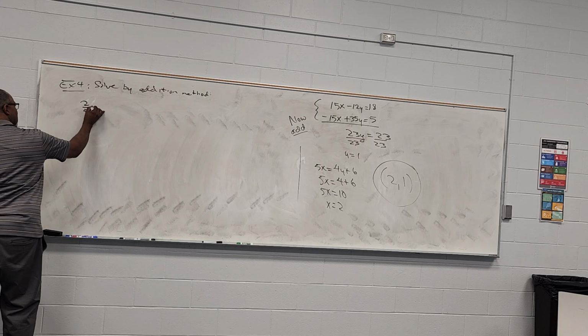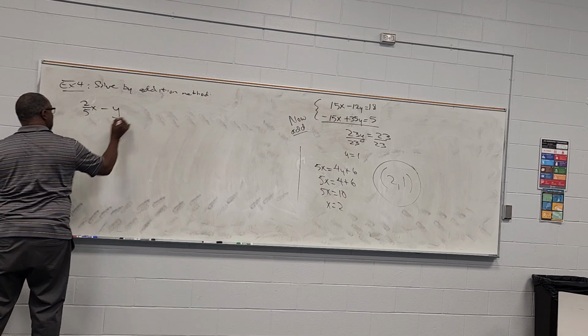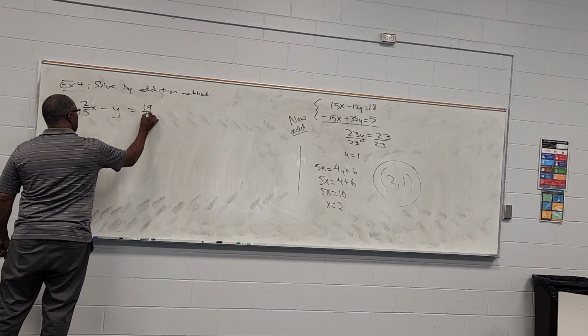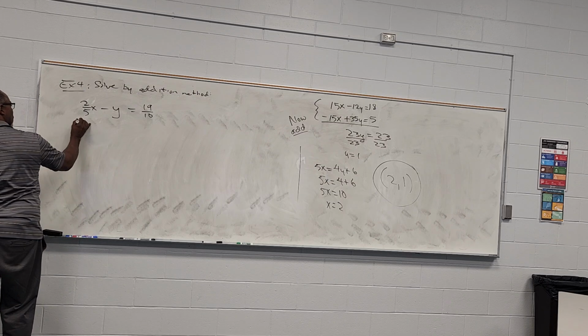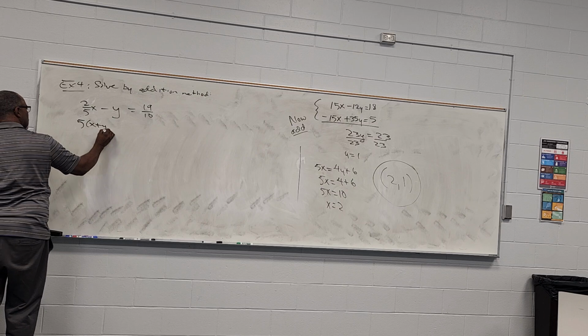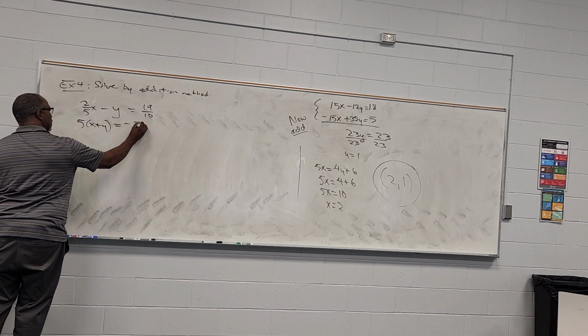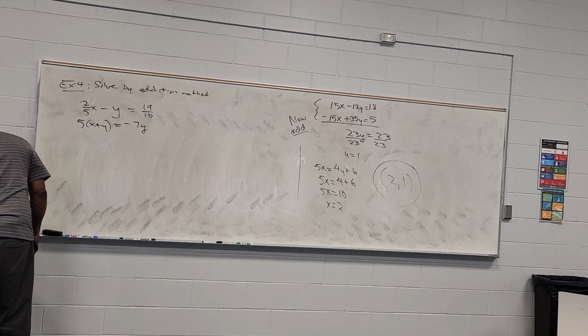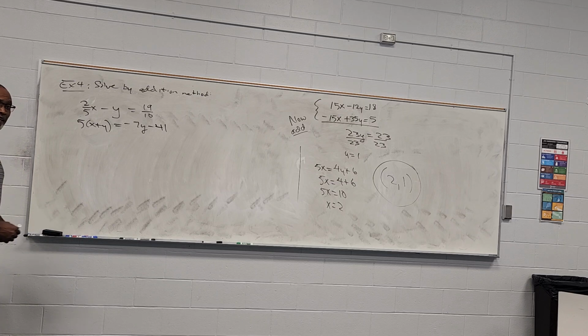So this one has fractions. Minus y equals 19 over 10. And the second equation they give us is 5 times x plus y equals negative 7y minus 41. So they gave us two pretty ugly lines, okay?